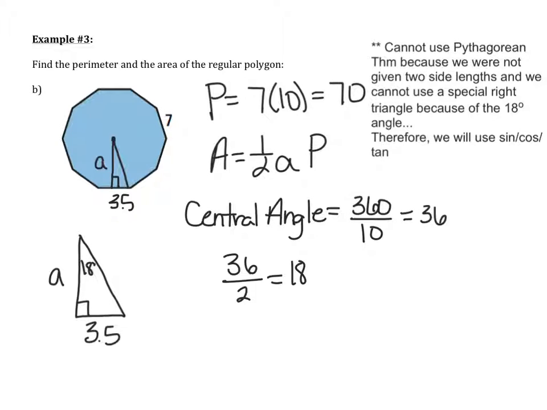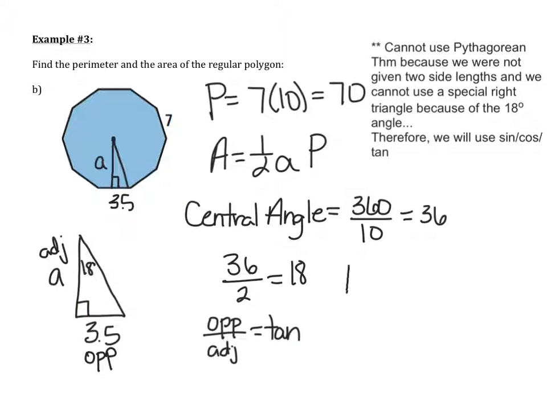So if this is 18 degrees right here, the 3.5 is opposite the 18 degrees, and the apothem is adjacent to the 18 degrees. So opposite over adjacent means we're going to use the tangent function to find our apothem.